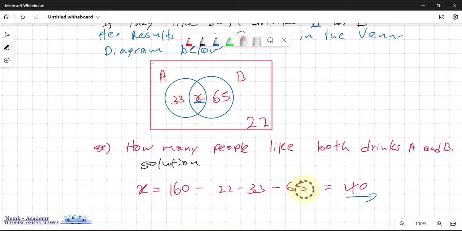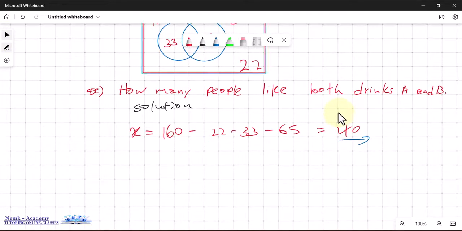For those who like soft drink A, there are 33 plus 40. Those who like soft drink B are 65 plus 40, since these 40 people like both A and B. Is that okay? There is our answer. Let's move to number B.